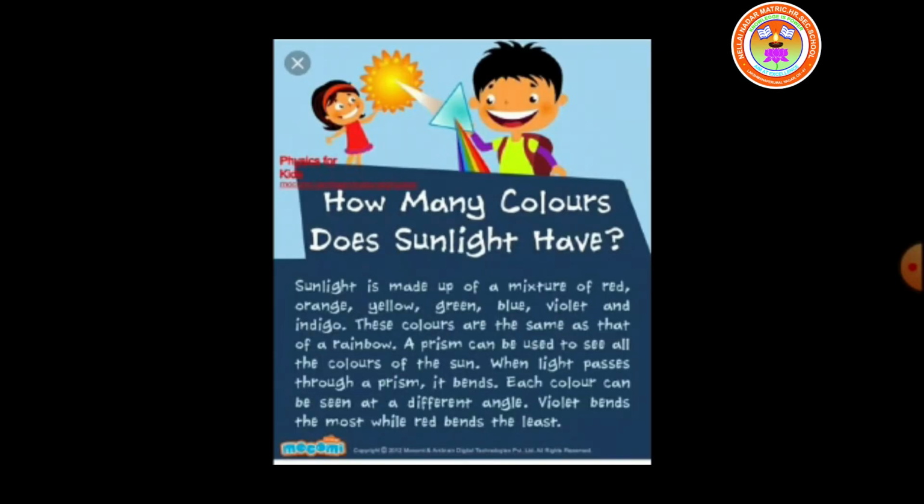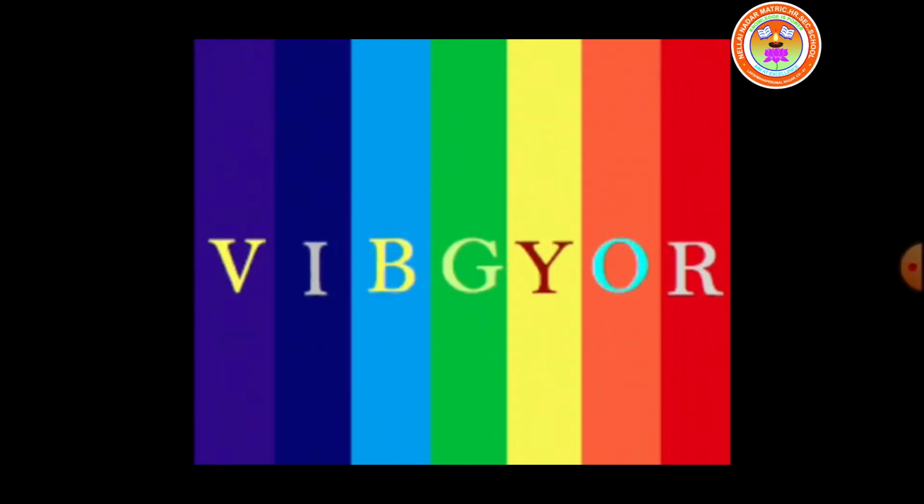The band of visible light is VGR. Violet color has a shorter wavelength and red color has a longer wavelength. When a light ray of particular wavelength strikes the retina of our eye, our brain perceives that specific color.